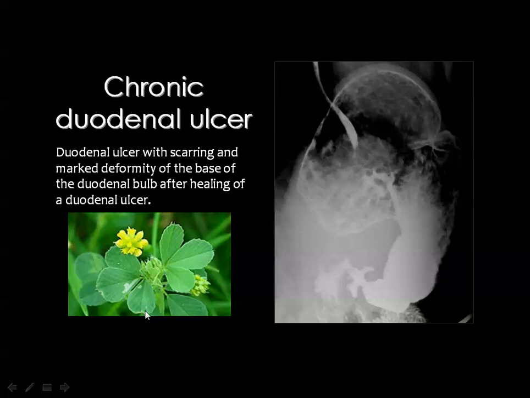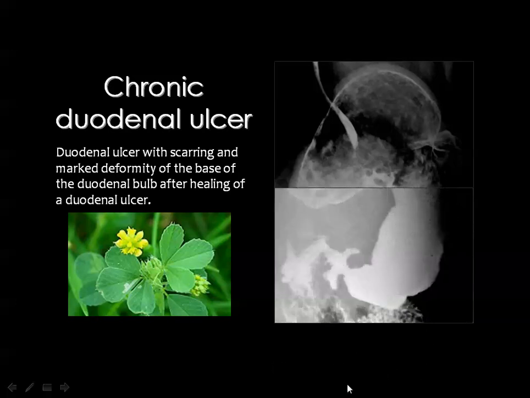And after healing of an acute duodenal ulcer, there is some kind of fibrosis and contraction and deformity of the duodenal cap. And in this situation, you can see the typical appearance, which is known as the trefoil deformity of the duodenal cap.